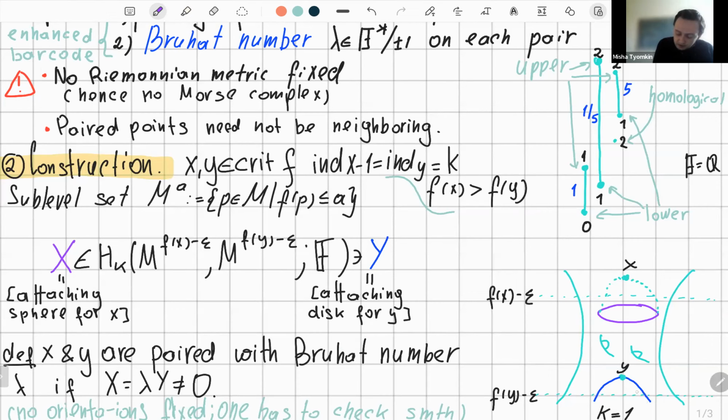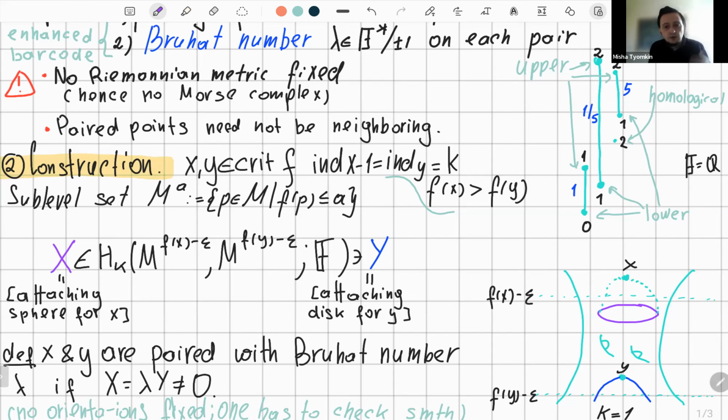Here in the picture, y has index 1, so it corresponds to a segment, and I take the class of the segment, the fundamental class of the segment. So this gives me two elements of this vector space, two vectors, homology classes, and then the definition is that x and y are paired with Bruhat number lambda if big X equals lambda times big Y and both are non-zero.